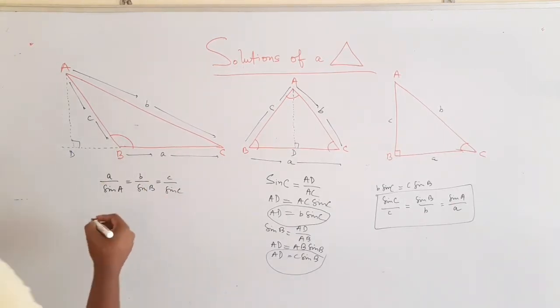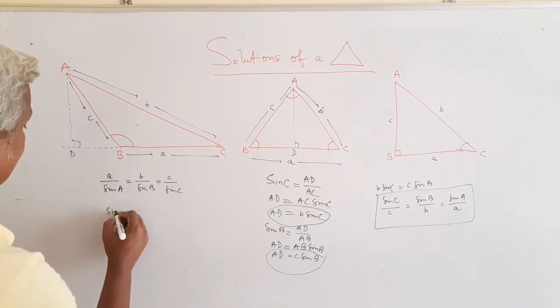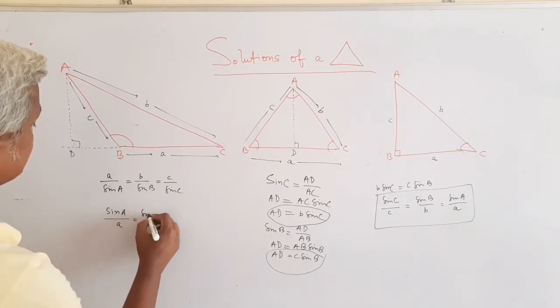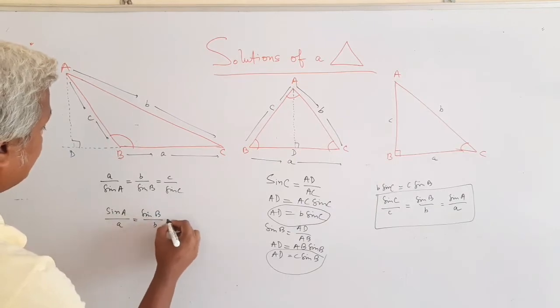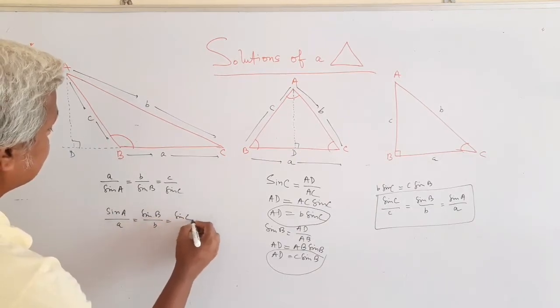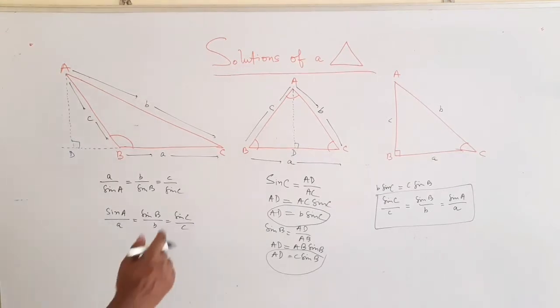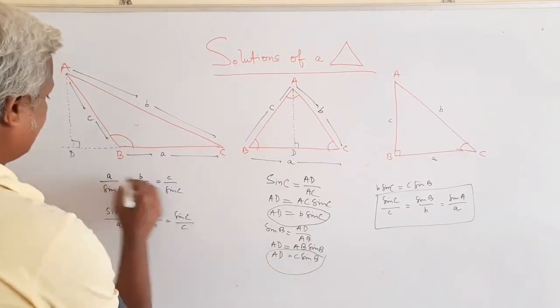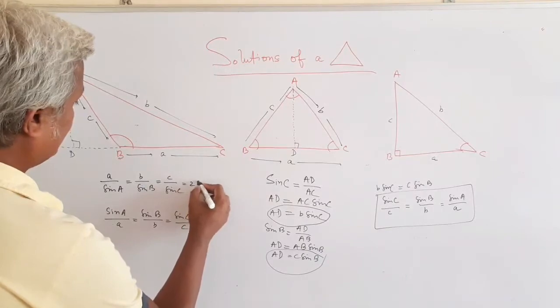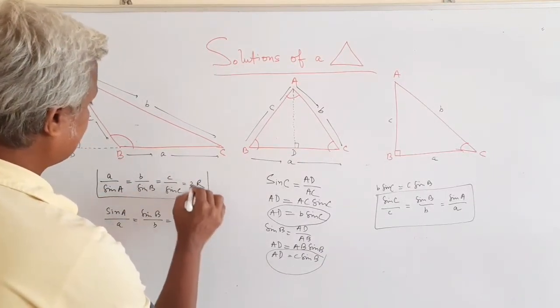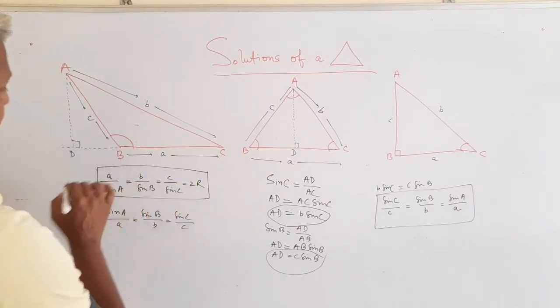Again, if I try to represent it in the right order, I can have sine A over A, sine B over B, and sine C over C. So this is about the sine rule, and it has been found that this is equal to 2r, where r is the circumradius of the triangle.